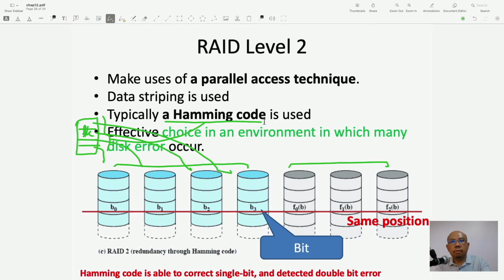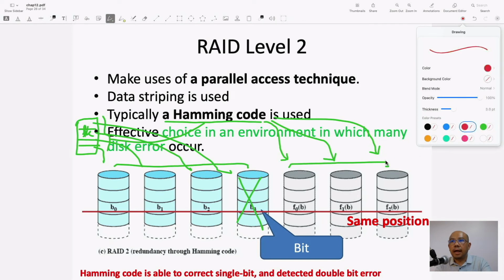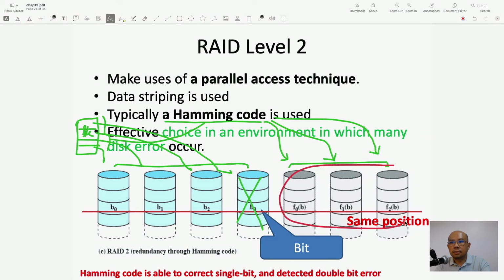The Hamming code will write the algorithm output to the hard drives. When a hard drive has an error, for example my disk is unable to read, the Hamming code will get the data back by reconstructing it from all of these, so the system keeps functioning like the remaining hard drives.